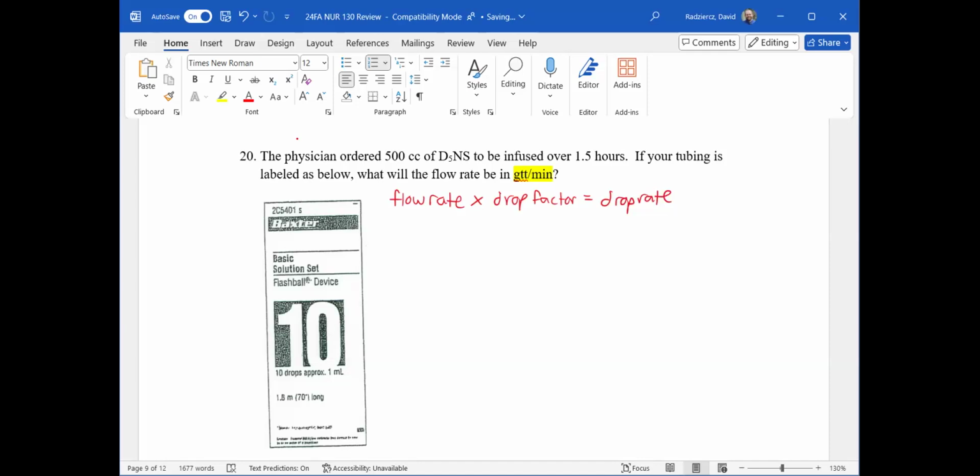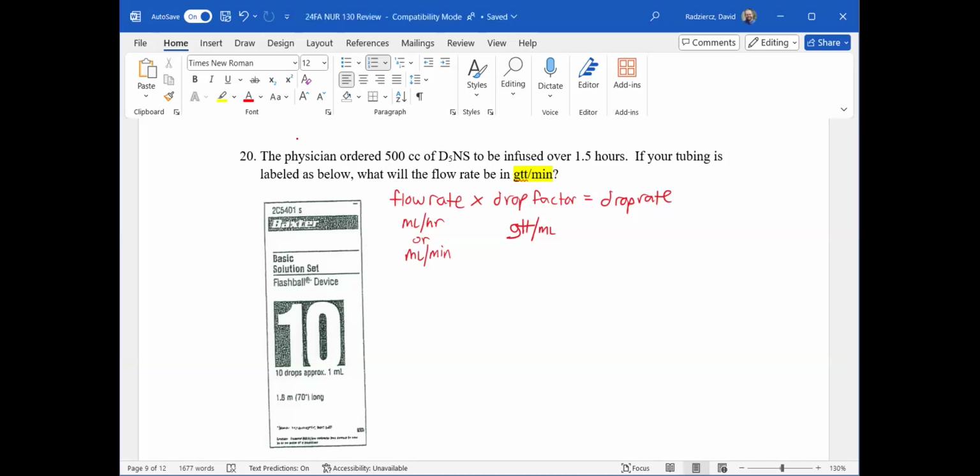Now your flow rate is typically milliliters per hour, but sometimes it can be milliliters per minute. Your drop factor will always be given to you, and it's drops per milliliter. So in case it just says drop factor is 10, you know now that whenever they say that, they mean 10 drops per milliliter. That's what the drop factor is.